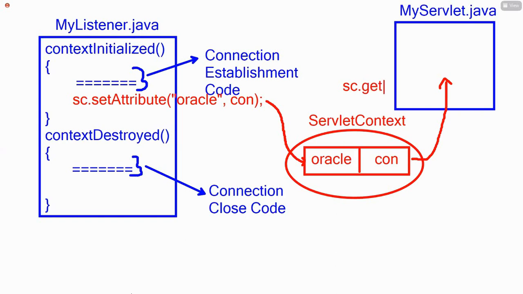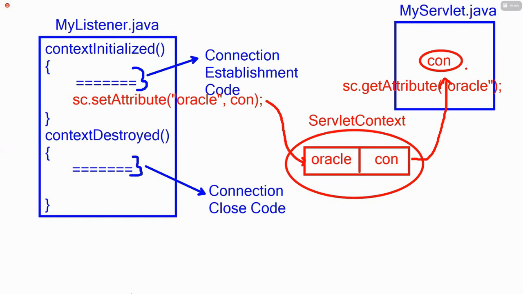Servlet context dot get attribute. Oracle I'll pass, you'll get a connection. With this connection I'll access my database. Later I'll release.